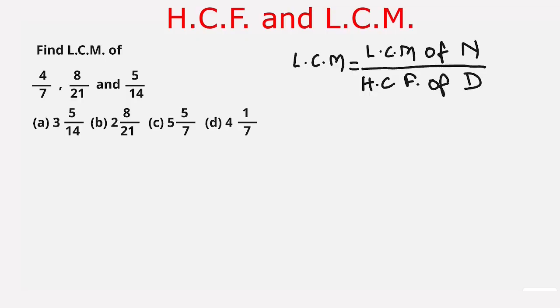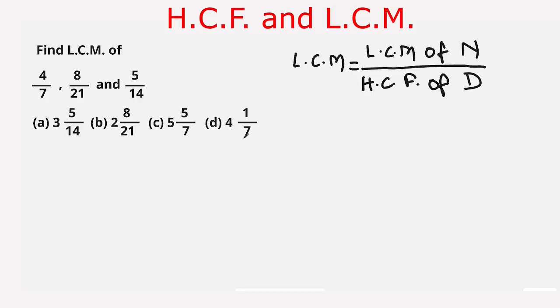As we know that the H.C.F of 7, 21 and 14, these are the numbers of denominator, is 7, as 7 is the smallest number and all other numbers 14 and 21 are multiples of 7. So the HCF is 7. It means that our answer can be from option C and option D. Option C is 5 whole and 5 upon 7 and option D is 4 whole and 1 upon 7. Now we have to eliminate one out of these two.